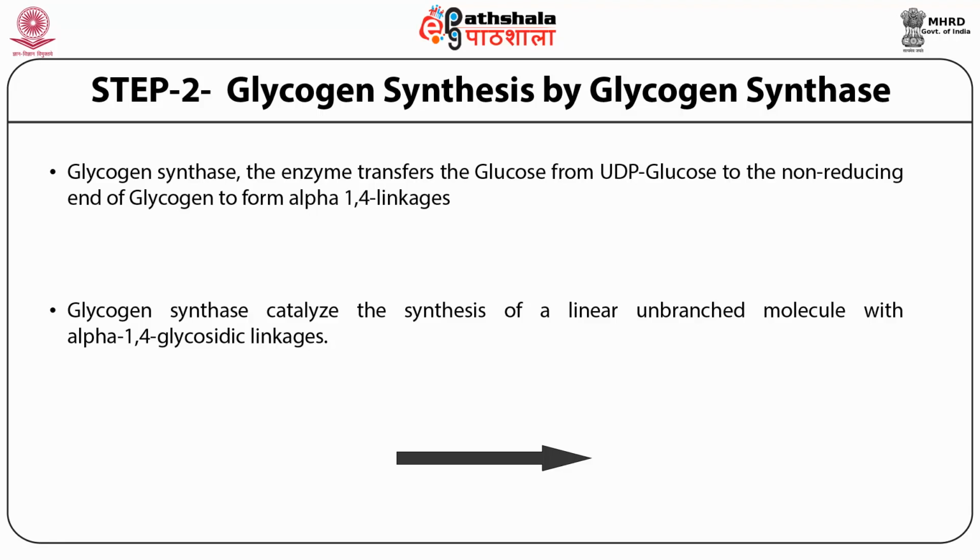Priming function is carried out by glycogenin. You can see this reaction in the figure: UDP glucose, when combined with glycogen having n glycogen residues, results in the subsequent release of UDP molecules and a growing glycogen chain.